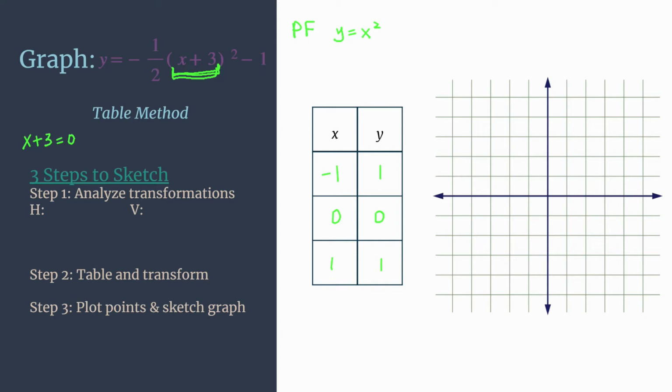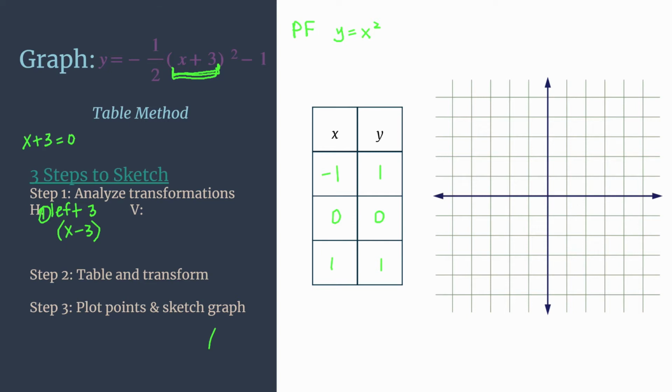That will get you on the right track for describing your horizontal transformations. Of course, here we would subtract 3, which means we are subtracting 3 from all our x's, or that moves our graph left 3. And this is our first and only transformation for horizontal. So our x's are moved left 3.